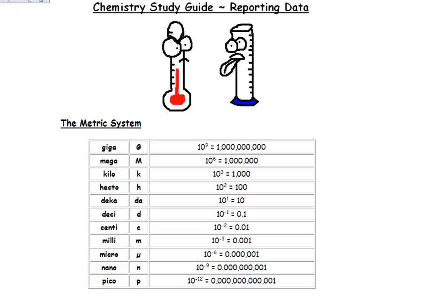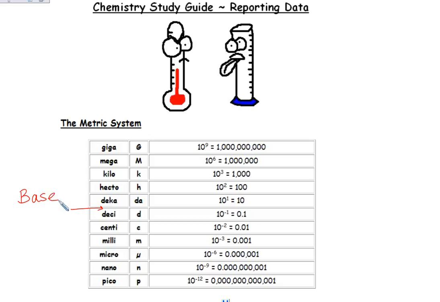In the metric system, everything is based on these prefixes. These prefixes can make our measurement more appropriate for whatever we might be measuring. If we're measuring something very small, we can put a prefix in front, and maybe we'd say we're measuring centimeters or milliliters. If we're measuring something very large, maybe we'd measure it by a kilogram. So we have our base unit, which I'm going to insert right in here.